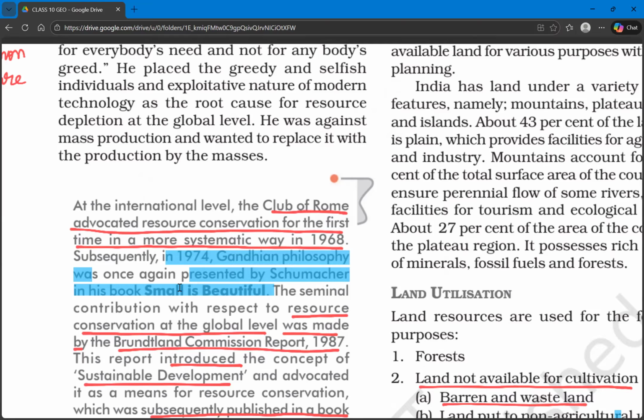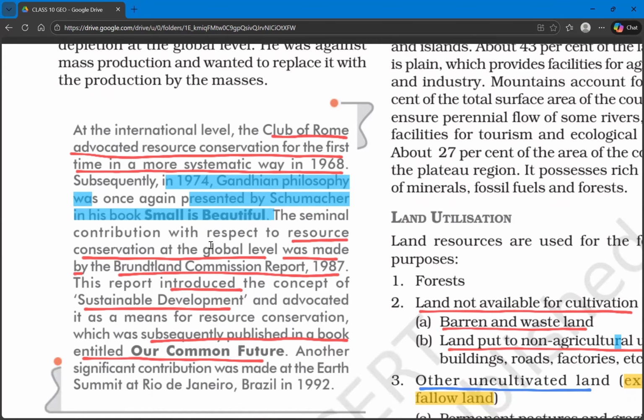The seminal contribution with respect to resource conservation at the global level was made by the Brundtland Commission Report in 1987. So, although several things were taking place, like 1968 Club of Rome, 1974 Small is Beautiful book, 1987 Brundtland Commission Report. It was for the first time that it introduced the concept of sustainable development.